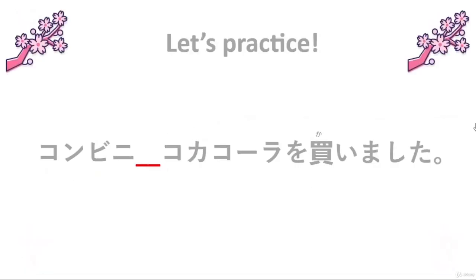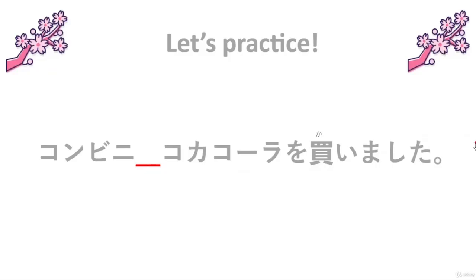Now let's practice. What particle do you think we should write in here? I will give you 5 seconds to think about it after I read the sentence for you, okay? コンビニ、コカ・コーラを買いました。コンビニ, convenience store. コカ・コーラ, Coca-Cola. 買いました。I bought Coca-Cola. So where did I buy Coca-Cola?